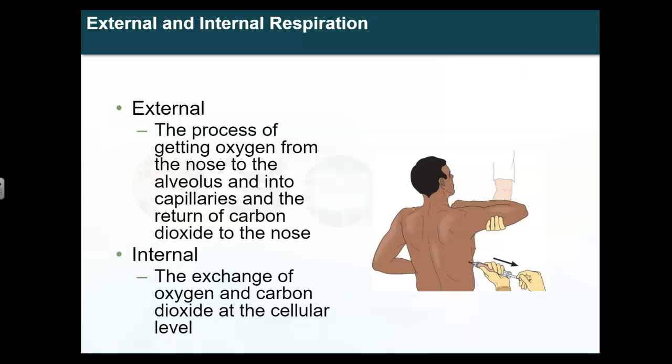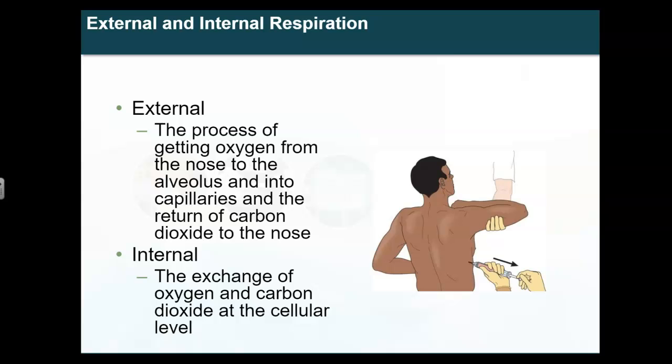That's where the oxygen, or the O2, in the blood is given to the cell, while carbon dioxide, or CO2, from the cell is picked up by the capillary. This is the exchange of oxygen and carbon dioxide at the cell level, and it's known as internal respiration. The exchange of oxygen and carbon dioxide at the cellular level is internal respiration.